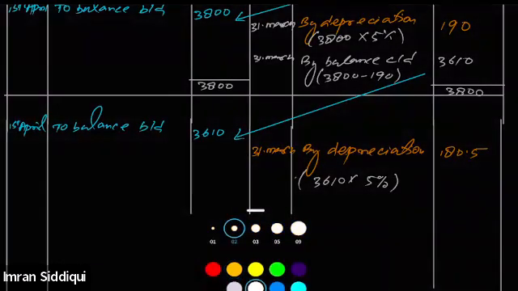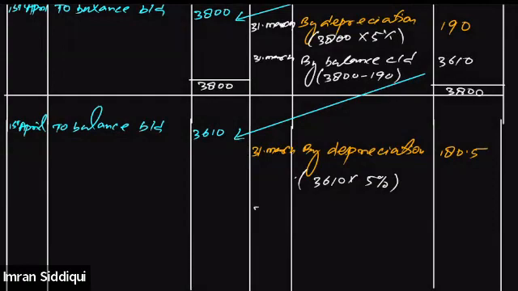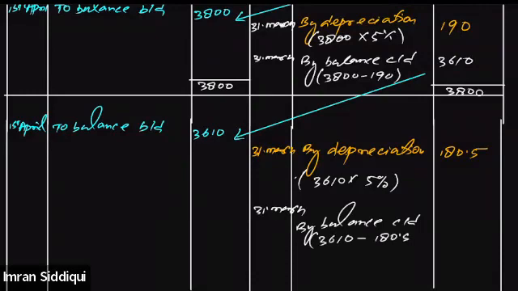All right, and now we will calculate the closing balance of the third year by balance CD, which is 3610 minus 180.5, depreciation of the third year. Just a moment. 3610 minus 180.5.